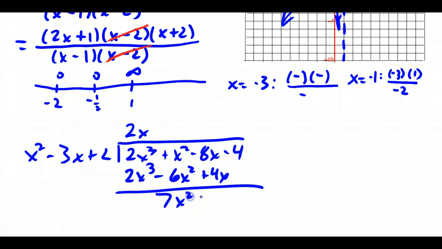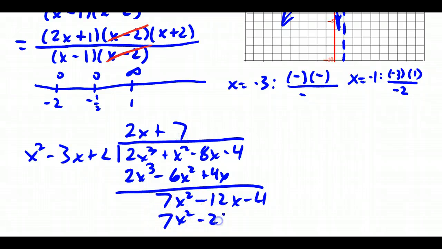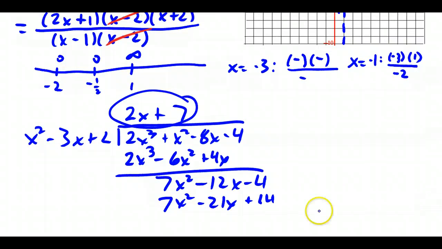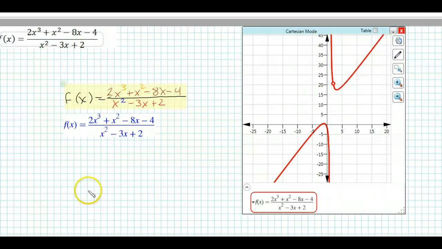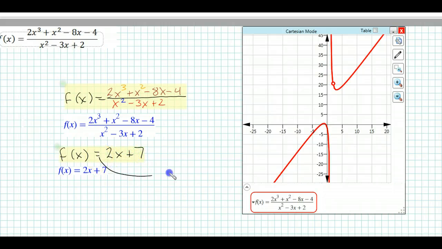Subtract, I get a 7x squared, and then a negative 12x minus 4, so I have a plus 7. 7x squared minus 21x plus 14, and that's all I care about because the oblique asymptote is the equation of the quotient disregarding what the remainder is. So if I graph f of x equals 2x plus 7, now you can see how that oblique asymptote works.